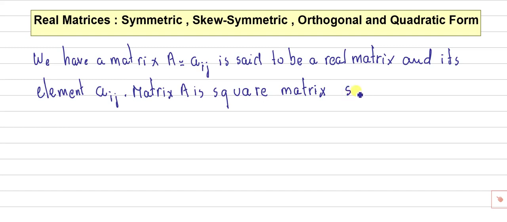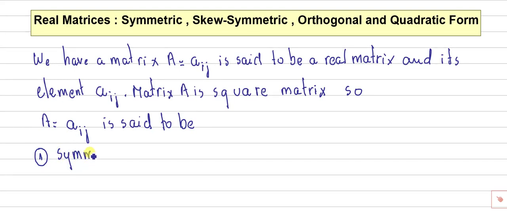So A equal to A_ij is said to be, the first, symmetric if A equal to A transpose.